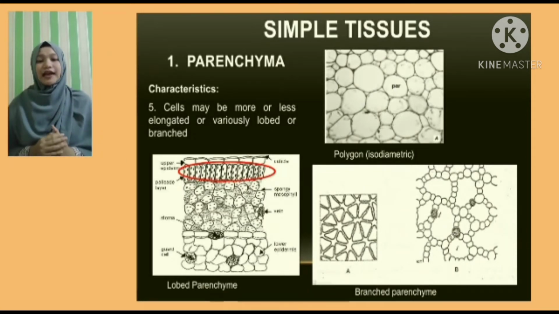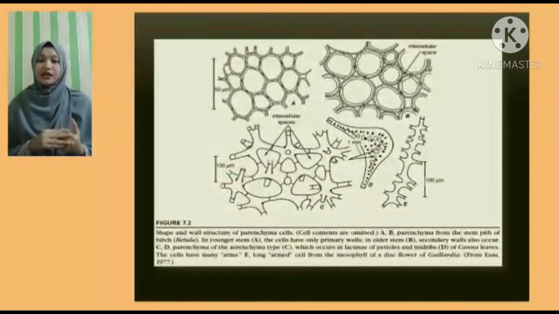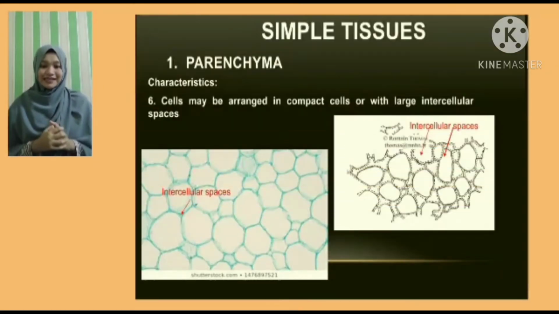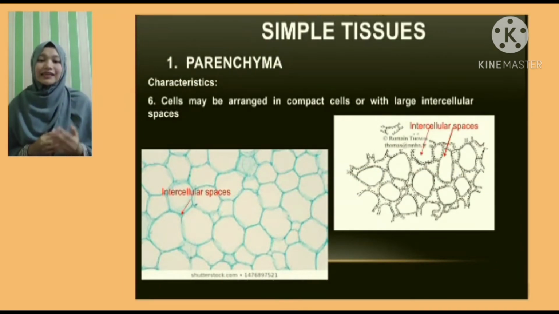In the polygonal image, the cell walls are evenly thickened on all sides of the walls. In collenchyma, it can be seen in the figure that the thickening of the cell walls is only at the corners of the space between cells and not evenly across the surface of the cell walls.